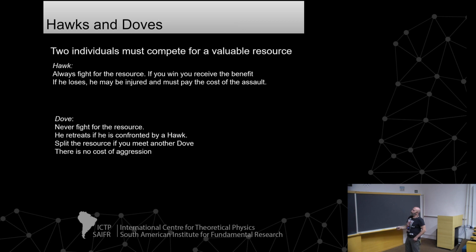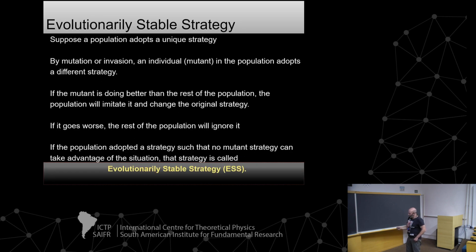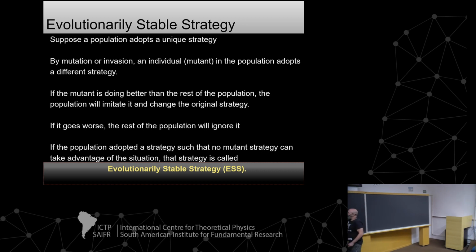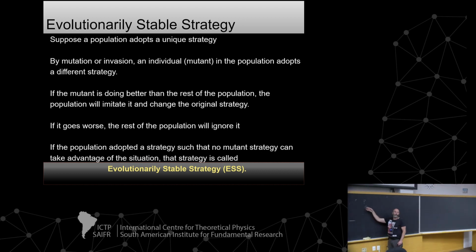So we said that if the population adopted a strategy such that no mutant strategy can take advantage of the situation, that strategy is called an evolutionary stable strategy. What I'm saying is that for any other strategy P hat, for any mutant, this strategy will always be better.